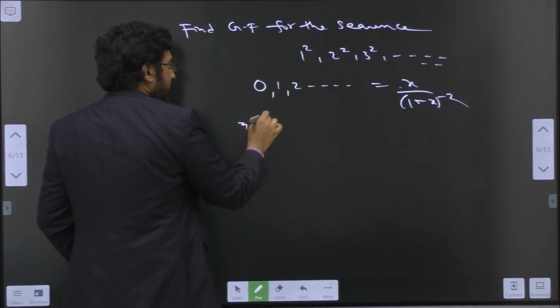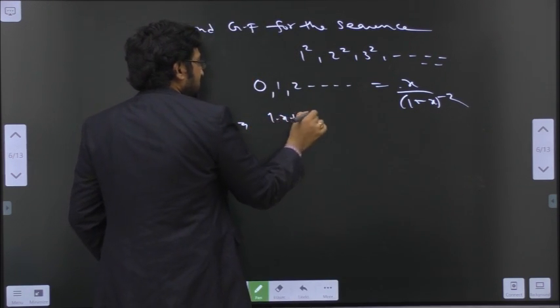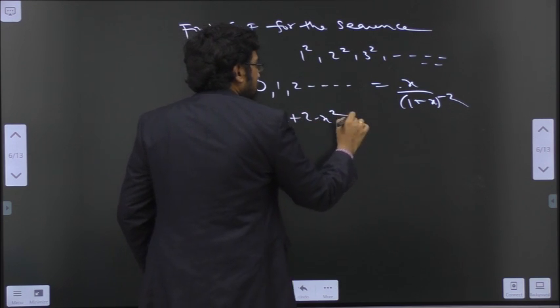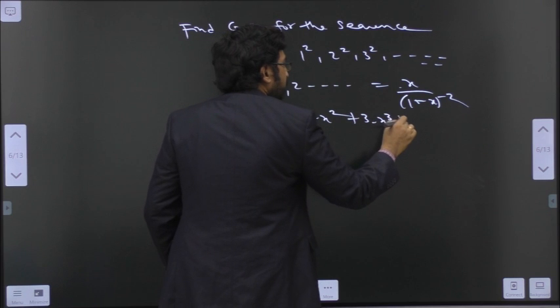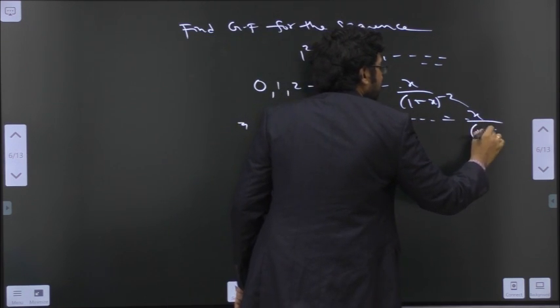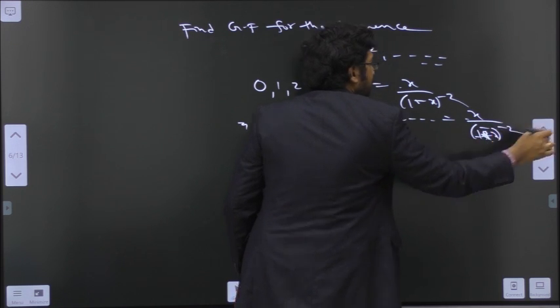Now that is nothing but 1 into x plus 2 into x square plus 3 into x cube plus etc., which is equivalent to x by (1 minus x) whole power minus 2.